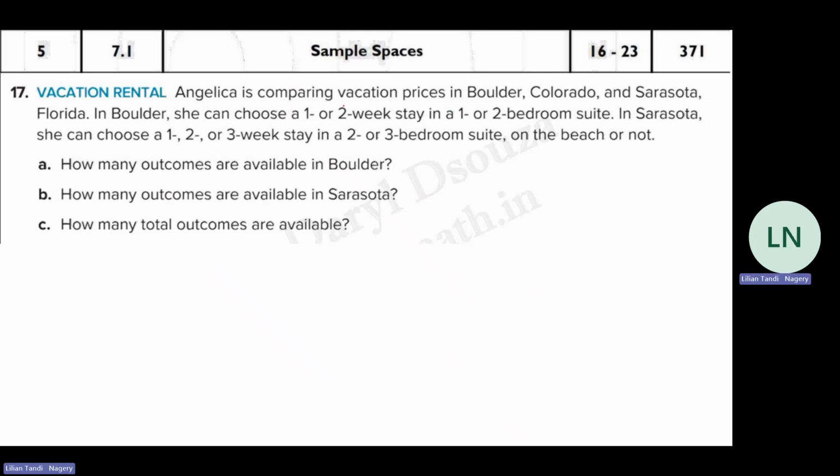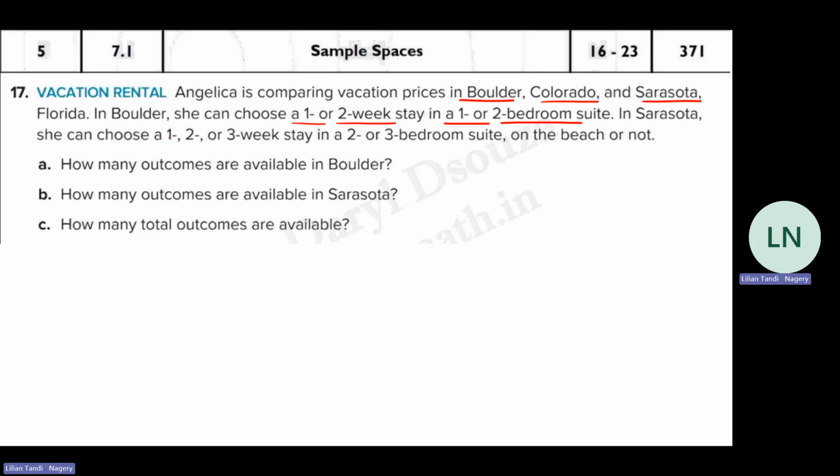Angelica is comparing vacation places in Boulder, Colorado, and Sarasota, Florida. In Boulder, she can choose a 1 or 2 week stay or a 1 or 2 bedroom suite.